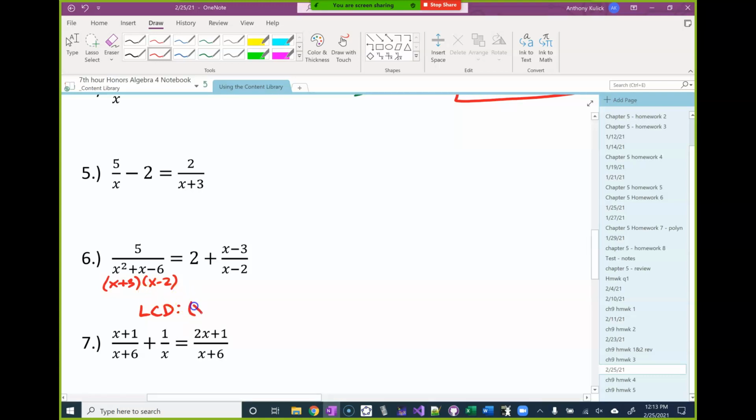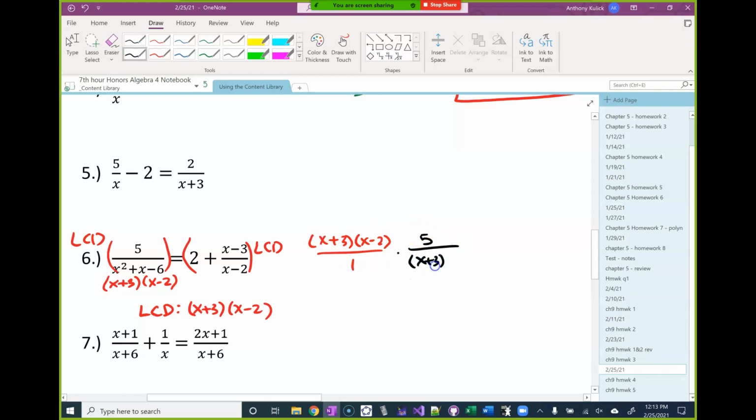So it should be hopefully easy to see that that least common denominator should just be x plus 3 and x minus 2. So I'm going to multiply both sides then by that least common denominator. And then I'm going to write out what I get here.